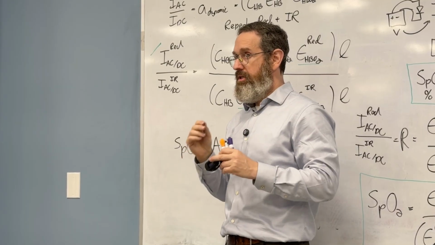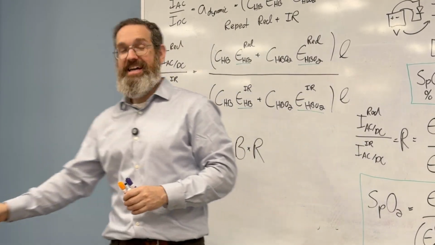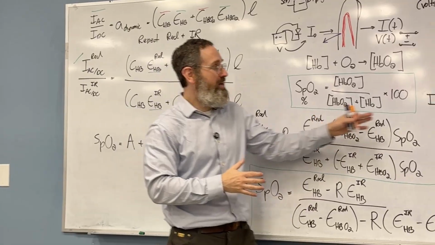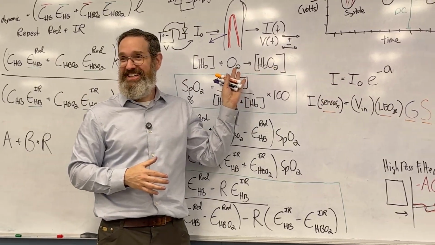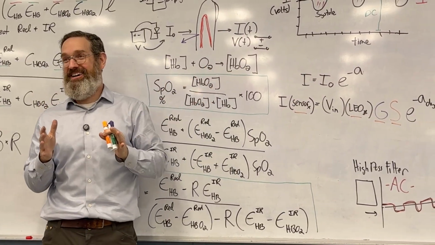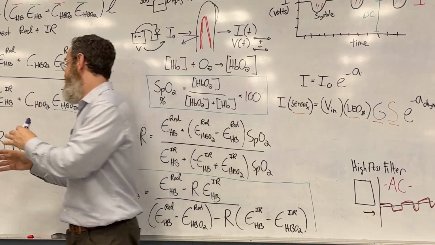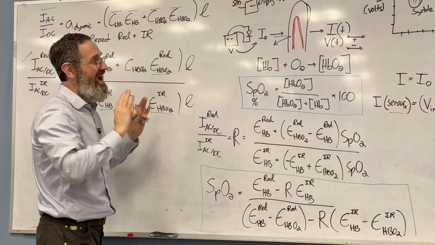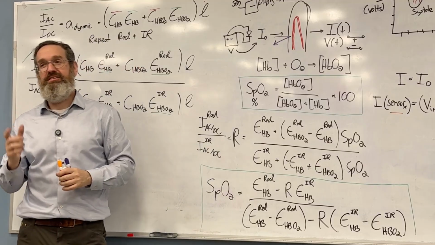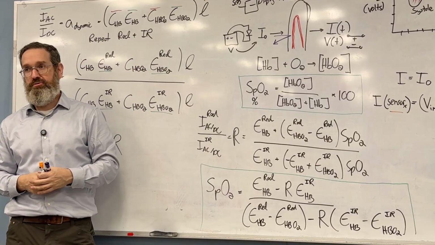It's really, really hard. We'll talk about why. It just happened to work out for pulse oximetry. You see what I'm saying? It just happened to pop out. But it's not something you should expect normally with optical measurements.